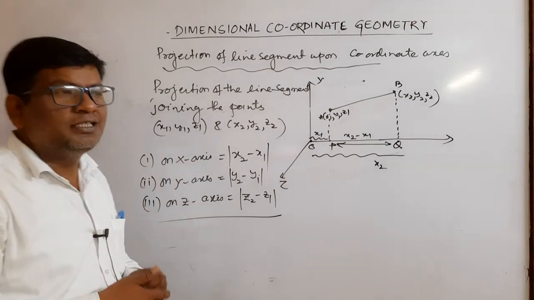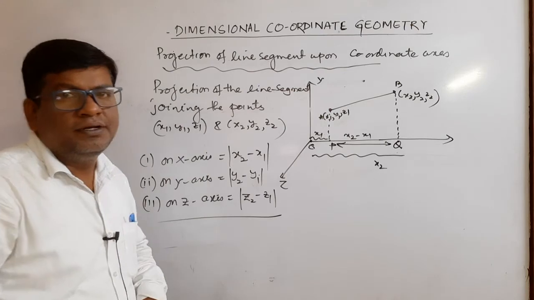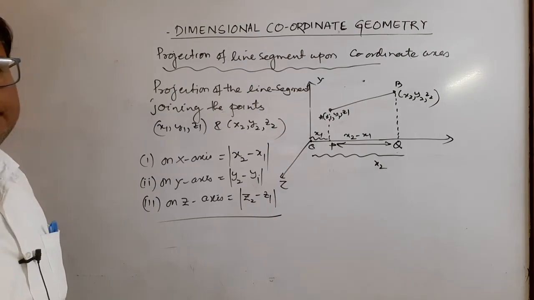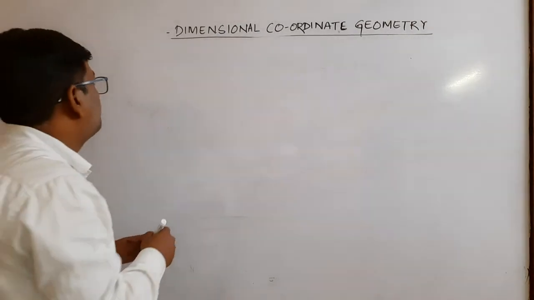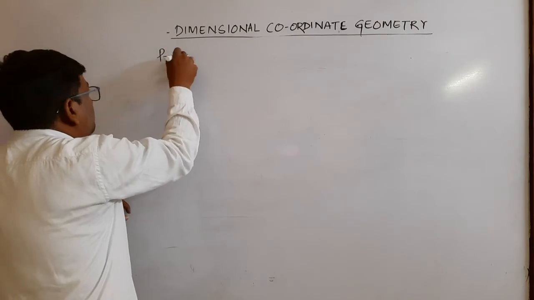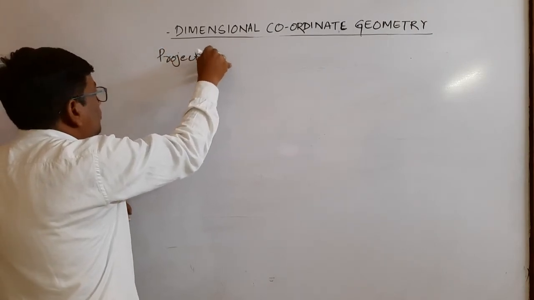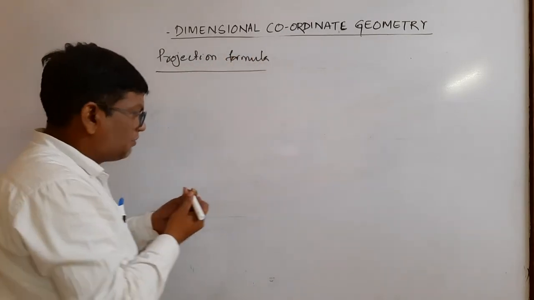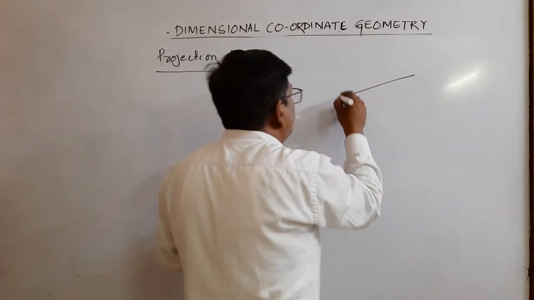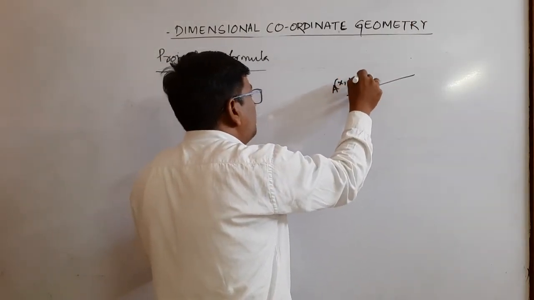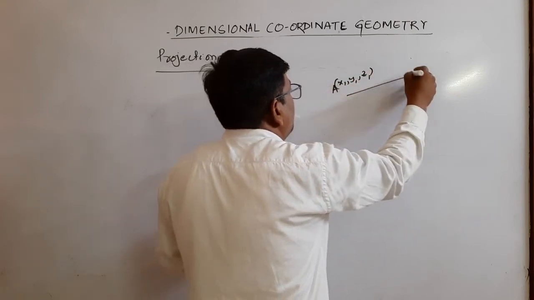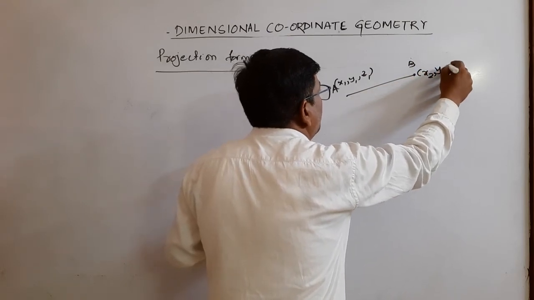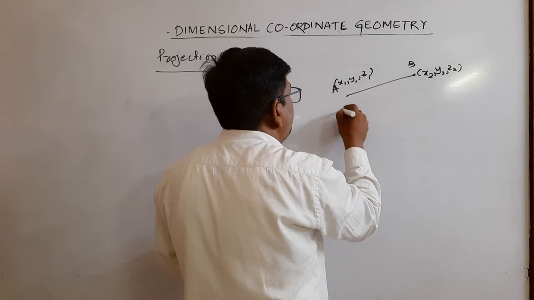Now one theorem. Let us discuss the projection formula. The projection of a line segment whose endpoints are given. Suppose A is x1, y1, z1 and B is x2, y2, z2.